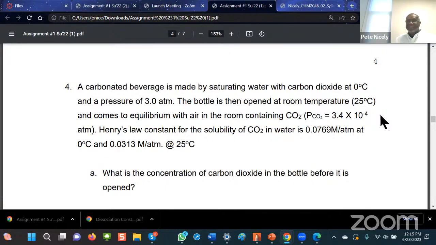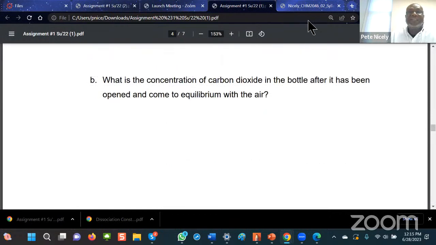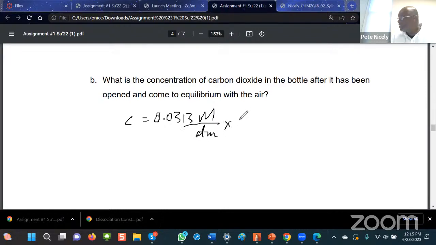Exactly. So that means that down here, to get the concentration, that would be equal to the K, which is, as you said, 0.0313 M over atm, multiplied by the pressure, which is 3.4 times 10 to the minus 4 atmospheres.